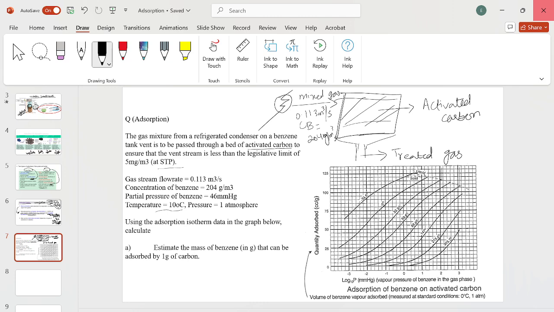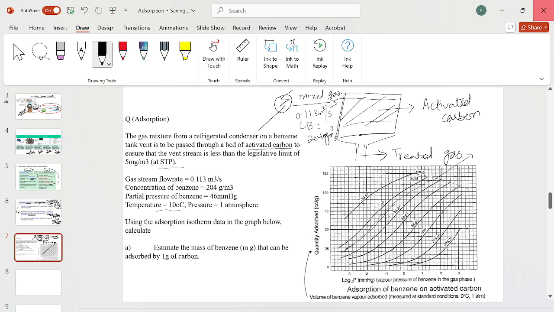Now we will read the graph to estimate the quantity adsorbed. The graph reading is not given for 10 degrees, so we will just plot a line here for 10 degrees.